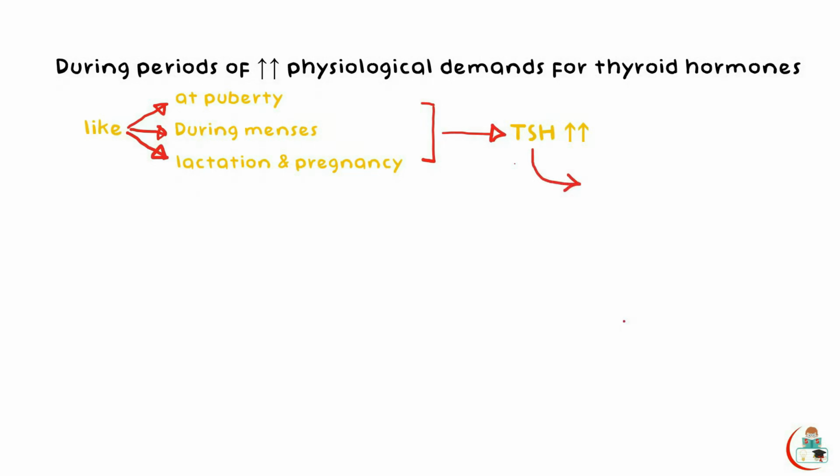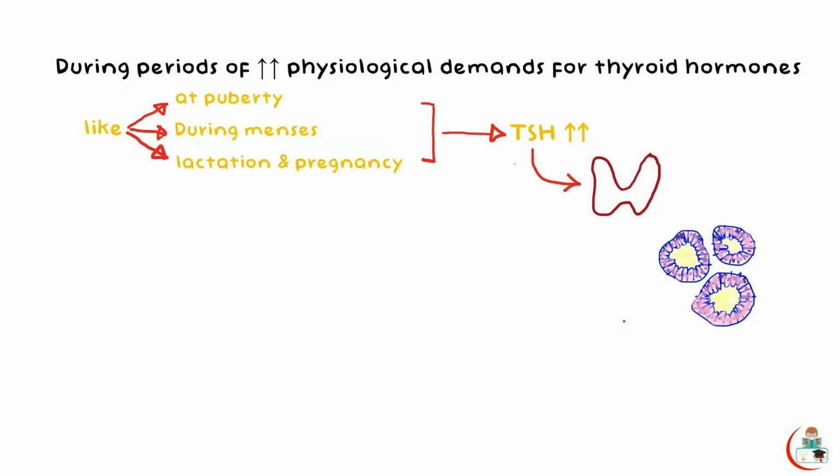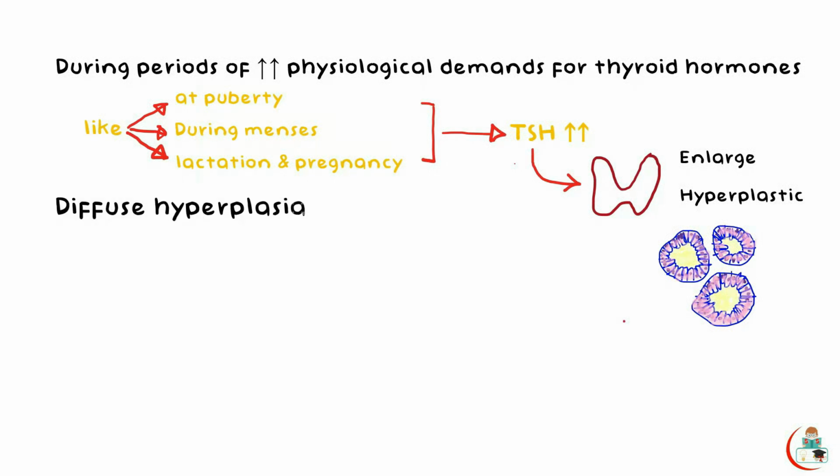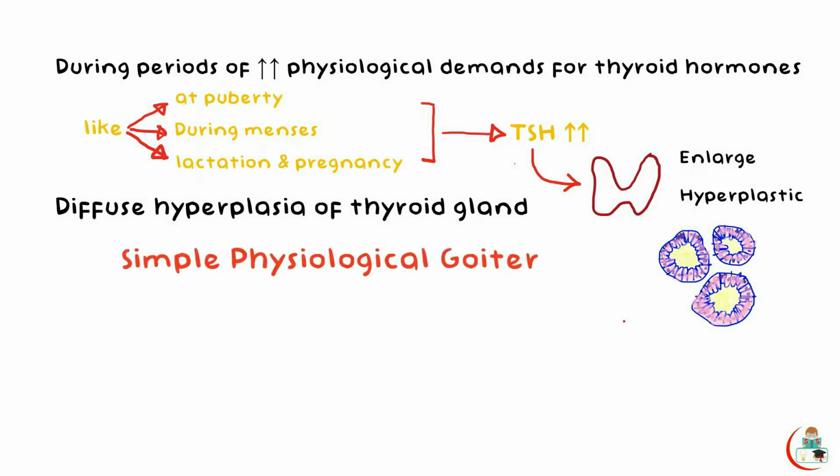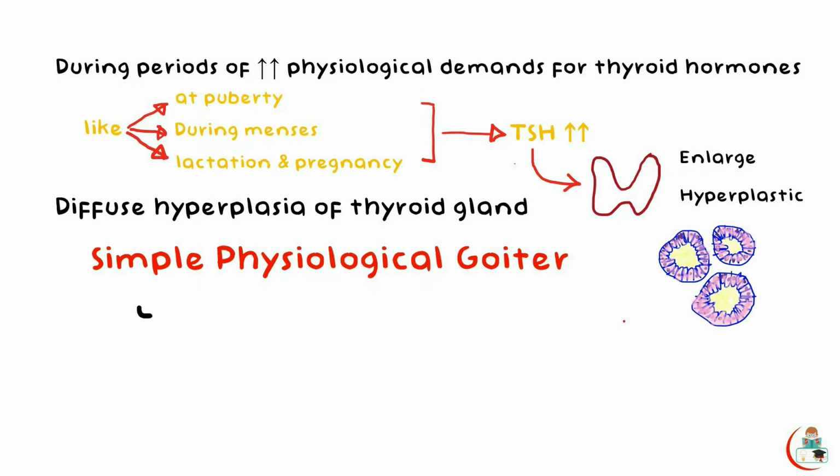This TSH stimulates the thyroid gland to produce and release thyroxine hormones. All the follicles are active. They are lined by hypertrophied cells that become also hyperplastic. In other words, there is diffuse hyperplasia of the thyroid gland, and this is called simple physiological goiter.